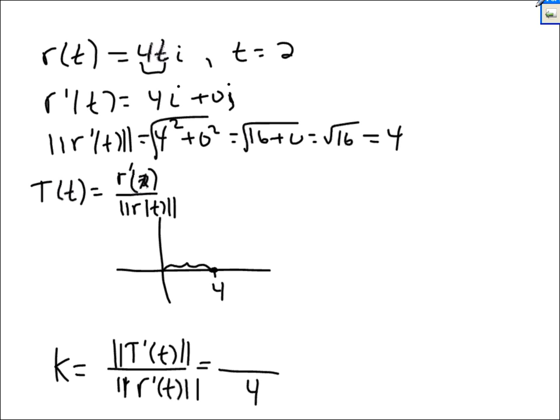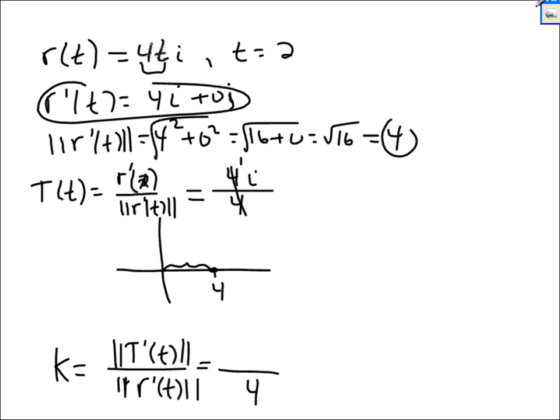I meant to say r prime. So r prime is just 4i, and the length of r prime is 4. We get 1i.